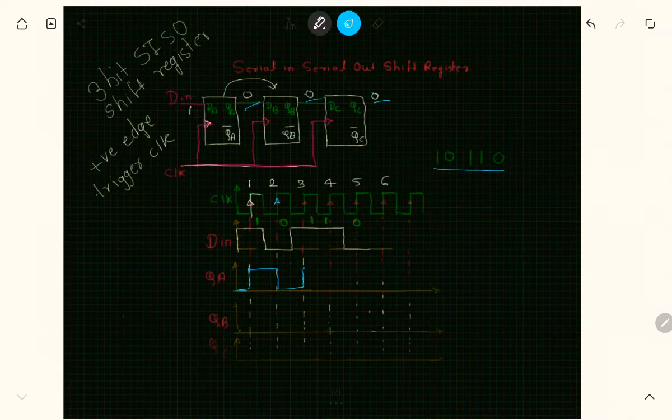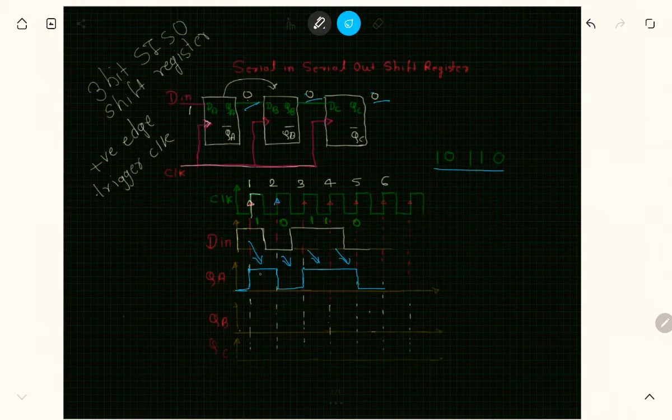As we are using a D flip-flop here, in a D flip-flop what happens? The output follows the input, and therefore as the input changes, our output goes on changing.